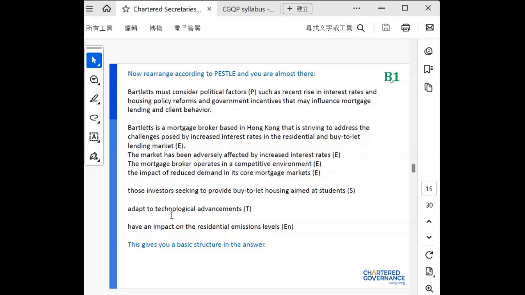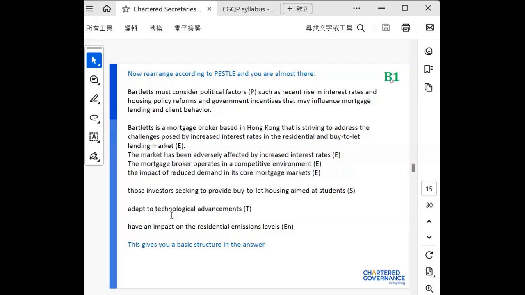Then the economic factors will be the increased interest rate. The mortgage brokers operate in a competitive environment, and there is reduced demand in the core mortgage market. So that's a change. You know that the existing market may be saturated, and with reduced demand in the core market, they have to think of new strategies.